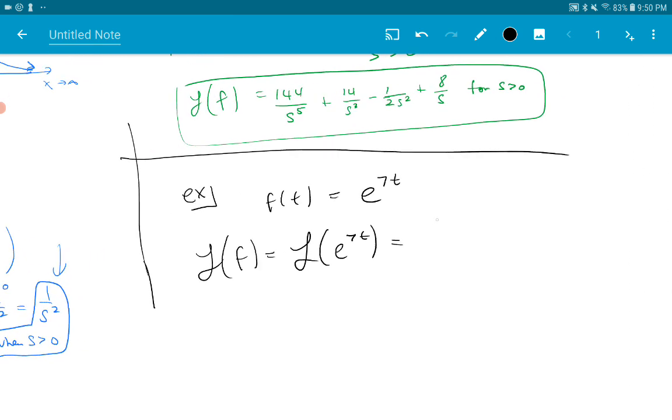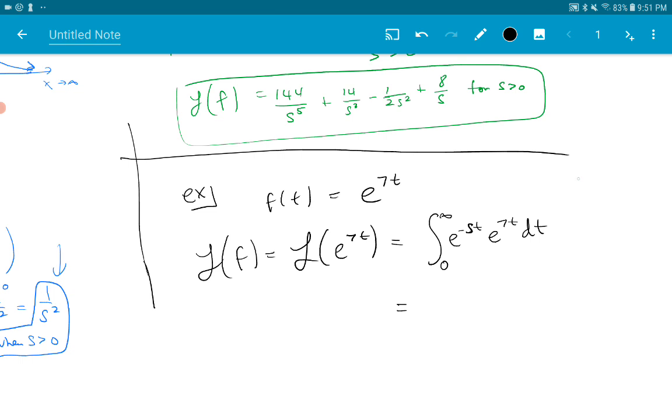And let's just go back to the definition. Remember the definition. By the way, the definition will also be on that table you get for the final. It's the integral from 0 to infinity of e to the negative st times f of t. Well, in this case, f of t is e to the 7t dt. If I want to do this integral, I want to combine those two exponentials.